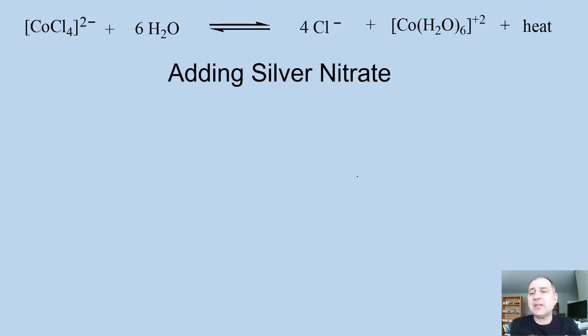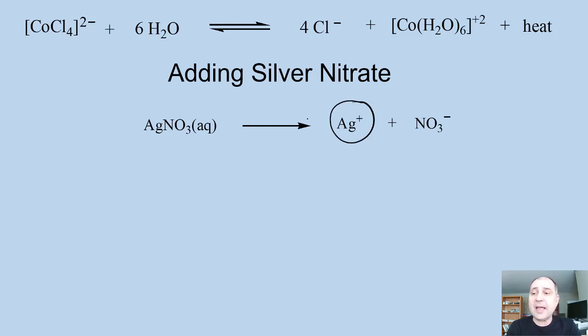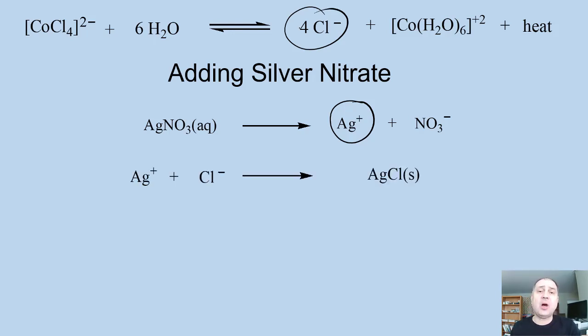Adding silver nitrate is a little bit more involved because neither silver nor nitrate is present as a reactant or a product. But you also have to remember the solubility rules: silver will react with chloride to produce a precipitate. Silver chloride is not soluble. So if you have silver ions and chloride ions, they're going to precipitate out, meaning the chloride is no longer in solution.